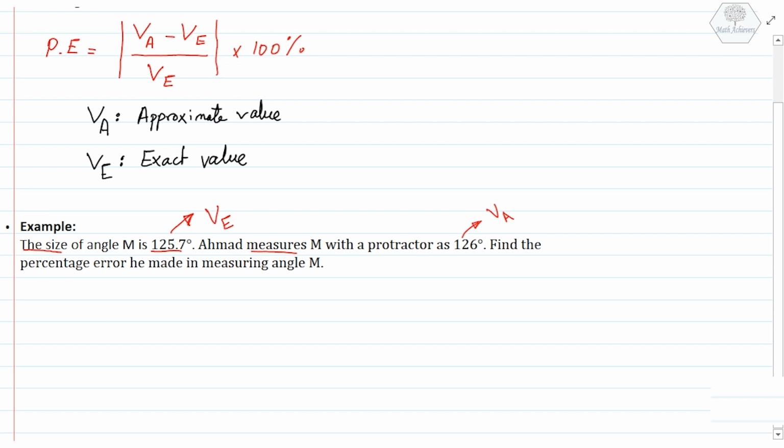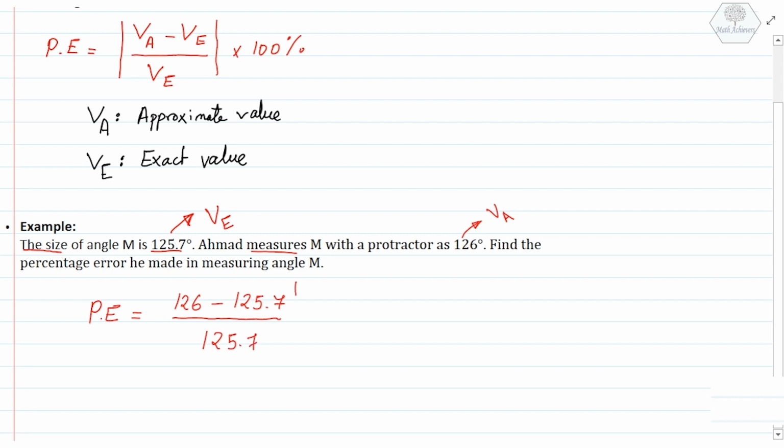Now we have to find out the percentage error he made in measuring angle M. So now the percentage error is equal to the approximate value, which is 126, minus 125.7, all of it divided by the exact, which is 125.7.